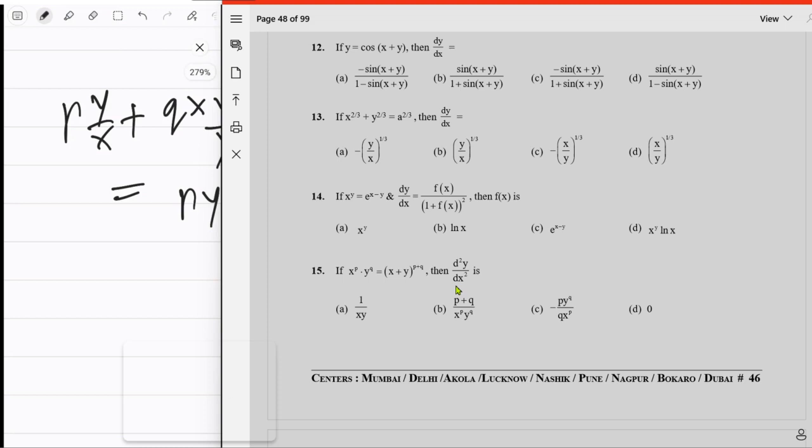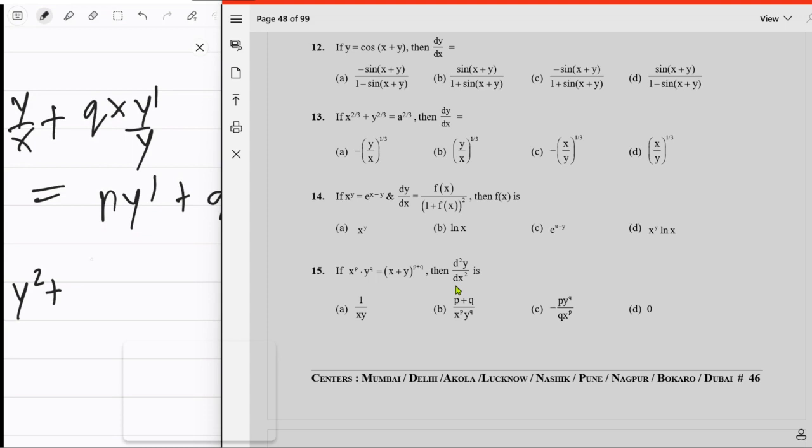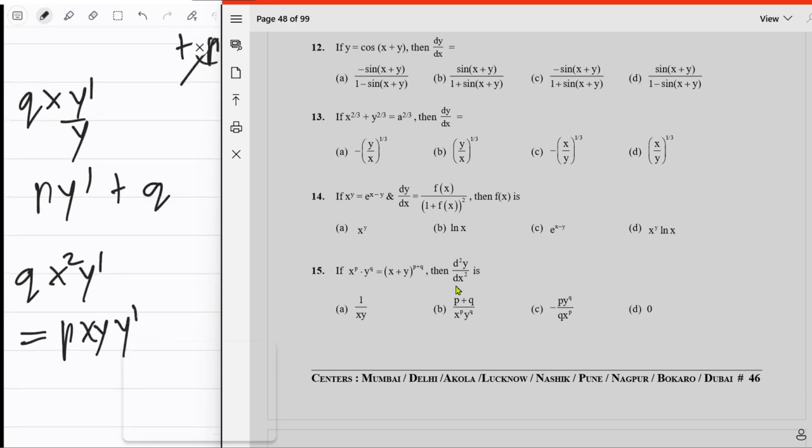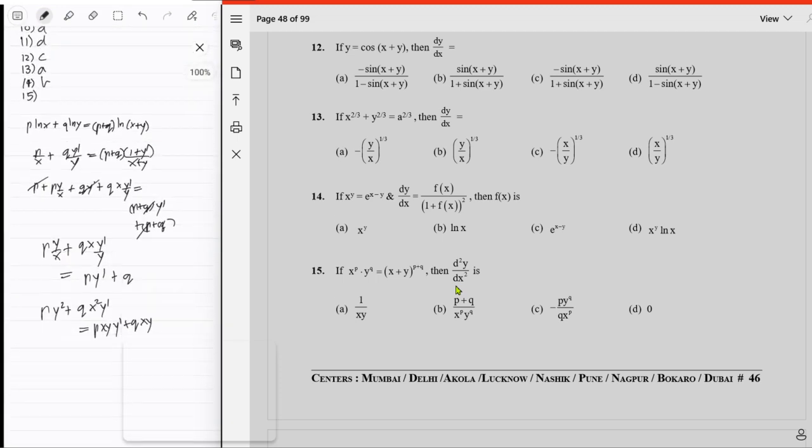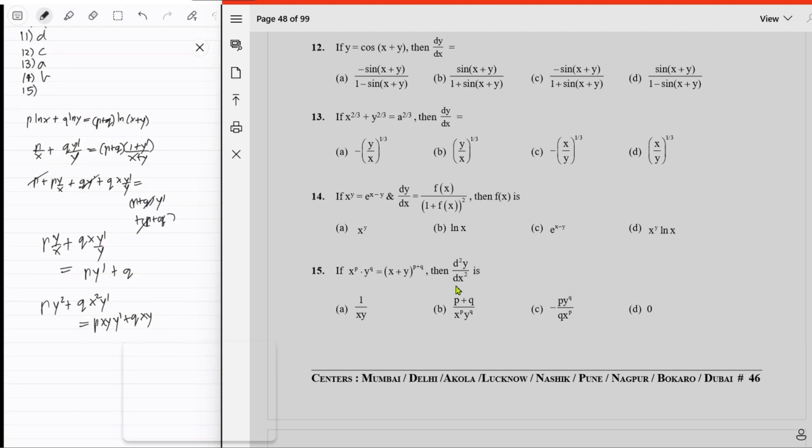And how bad would it be? It's just py squared. Okay, it can be really bad. I don't like this. Okay, q x squared y dash is equal to p x y dash plus qxy. Yeah, well, this is just awful.